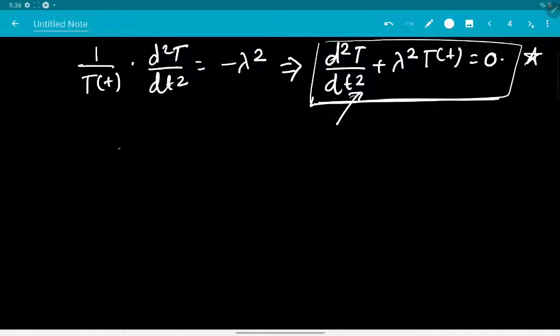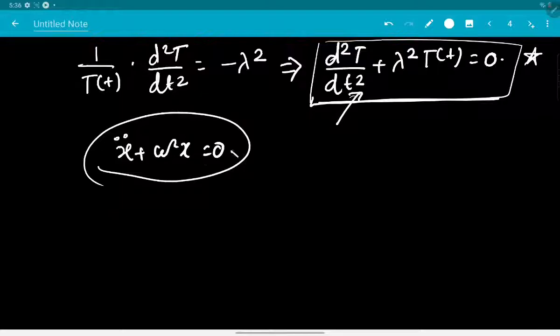What we used to do is x double dot plus omega square x equal to 0. It is the same equation that we see over here, right? So we know what the solution of x is in such a case, and you'll be able to find out what T is. You can replace this lambda square by omega square.